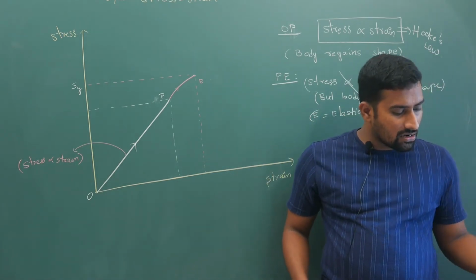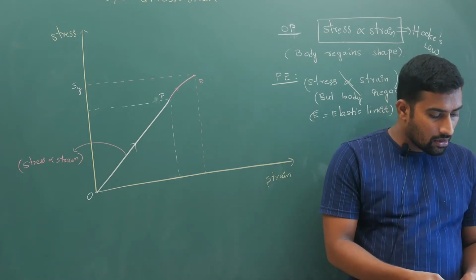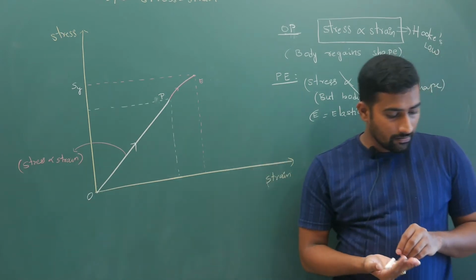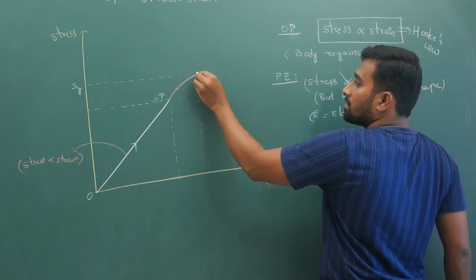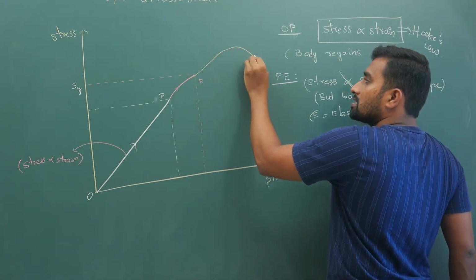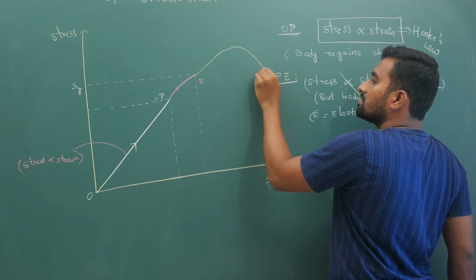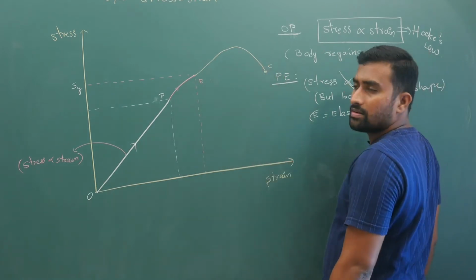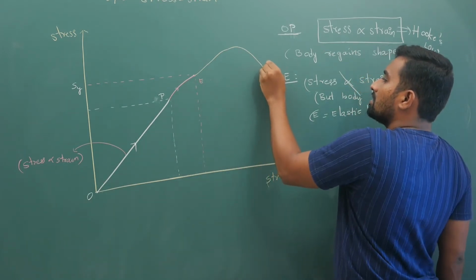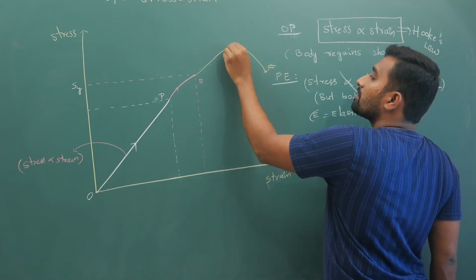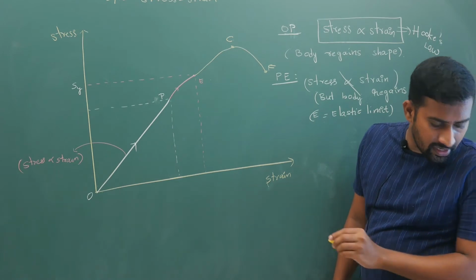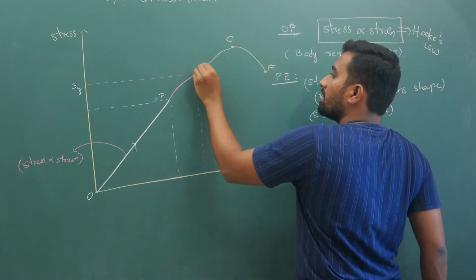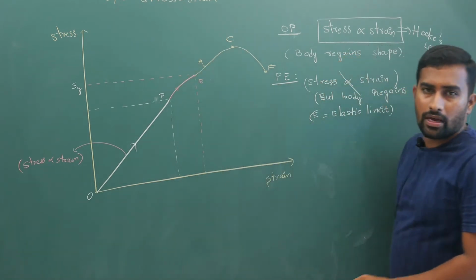So this is your basic stress-strain curve until point E. Now from this point E, the stress-strain relation changes and your graph comes like this. This point is F, this point is C, and one more point somewhere here you will have A.